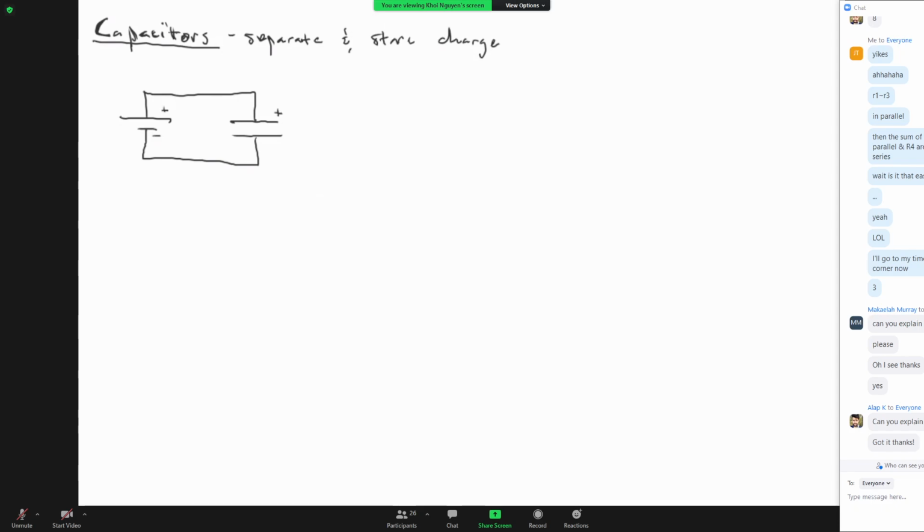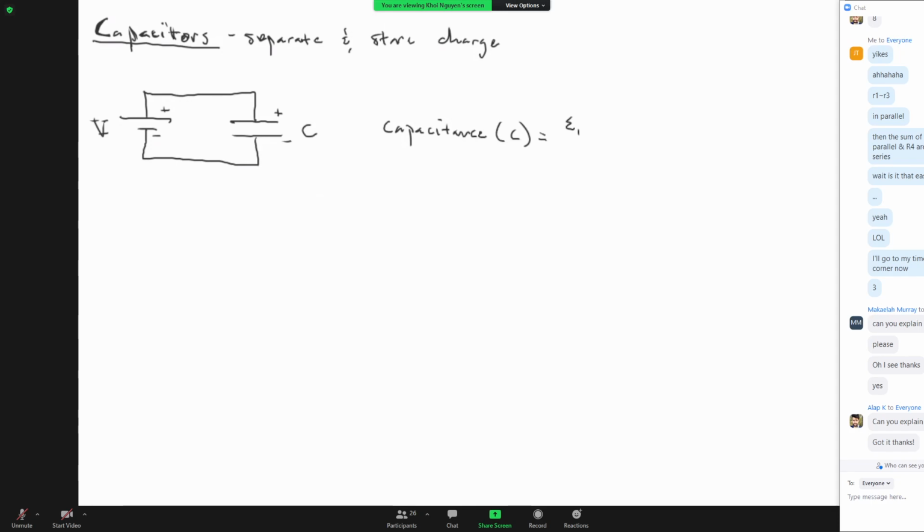Okay. Here's your voltage from your battery. Here's your C, or what we call capacitance. So capacitance is a measure of the physical property of those two parallel plates that we talked about.